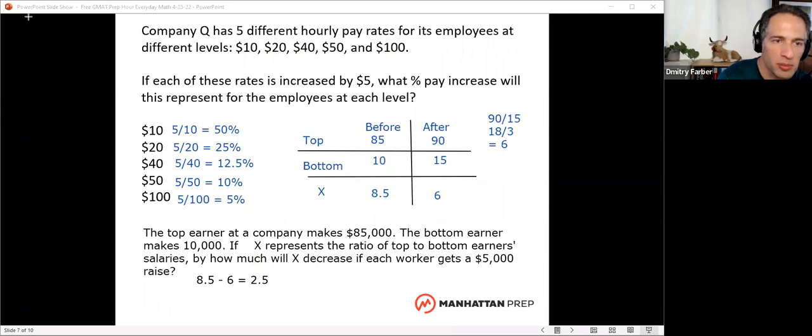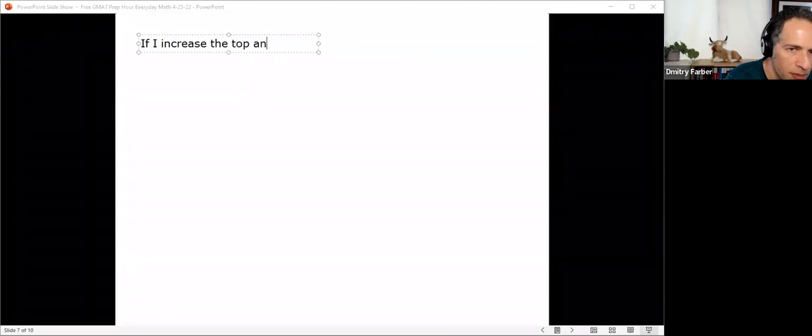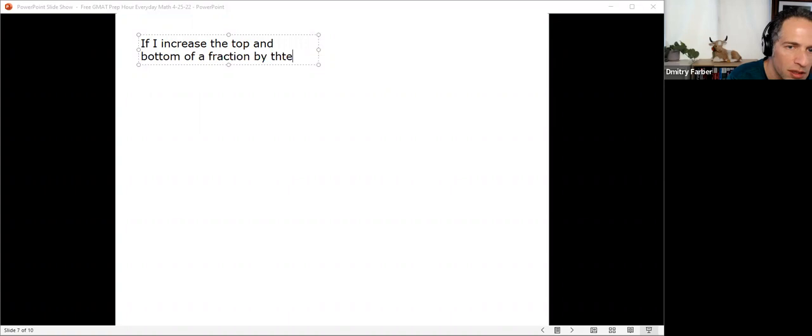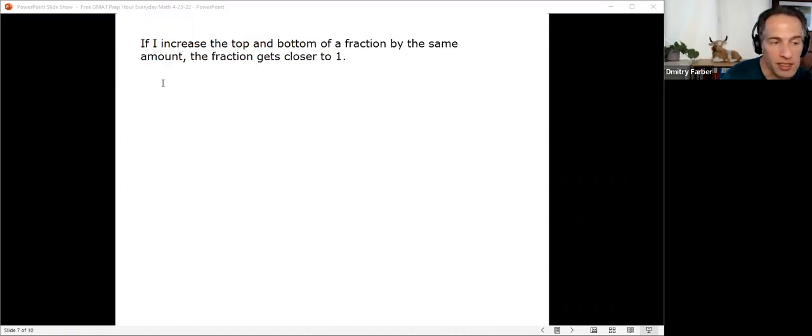So another general principle that shows up all the time is, if I increase the top and bottom of a fraction by the same amount, the fraction gets closer to 1, I'm sorry. So depending on whether the fraction is less or more than 1, that means it either goes up or goes down, right?